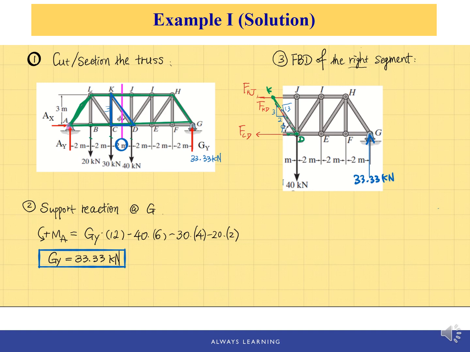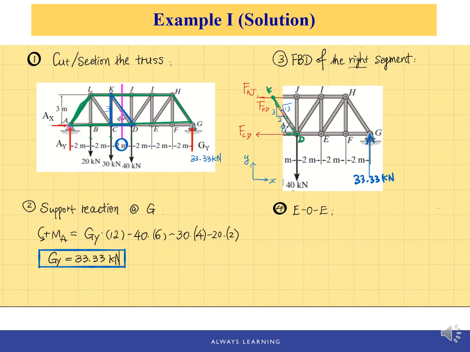Another thing, don't forget, is the XY axis, because we need to use it for our equilibrium equations. Okay, so I think the free body diagram of the right segment is completed now. So the next step is we're going to write the equations of equilibrium to find those 3 unknowns.